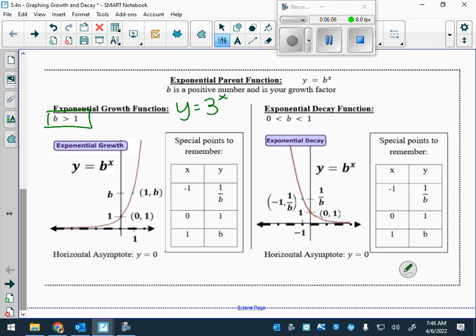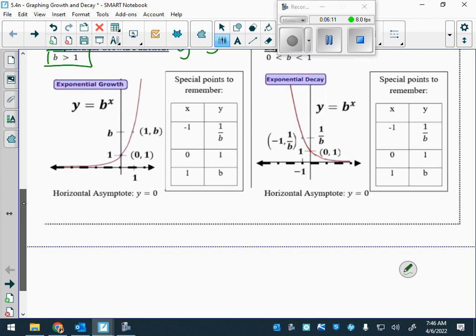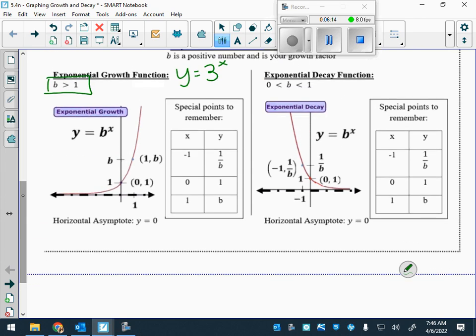A few things about exponential growth functions: your horizontal asymptote, since there is no movement up or down, will always be y equals 0. And if you notice, it's written as an equation, y equals 0, and we denote it by this little dashed line.